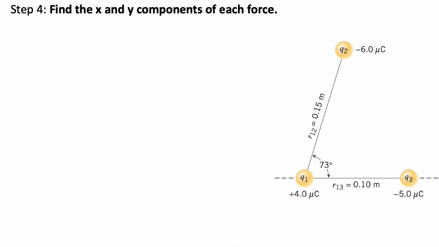So, each vector has its own components, the X and Y. So I illustrated first the free body diagrams for each force. Now, of course, this F12 has its X and Y components. This F13 is also a vector. It has its components also.